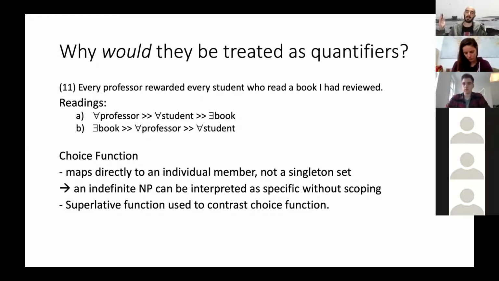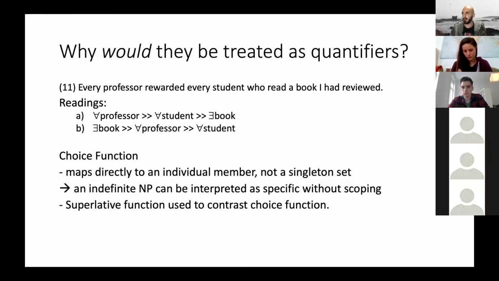But then they say, yeah, but wait a minute, we know that there is a way to interpret indefinites where they actually don't have their own quantificational force, right? So one example of this is what is called the specific reading. So if by a book you mean a particular book that I have in mind, for instance, a book that I had reviewed, a specific book, then that indefinite behaves a little bit like a definite.